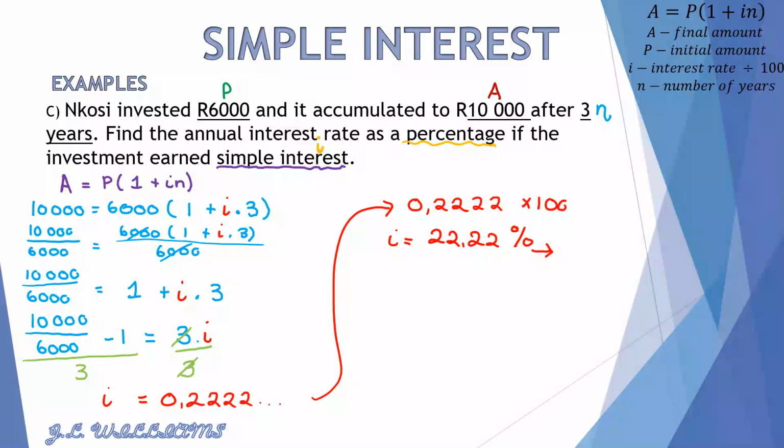Okay, when we want to find a value as a percentage, we multiply that decimal by 100, and so the interest rate that Nkosi received on his investment was an interest rate of 22.22%.